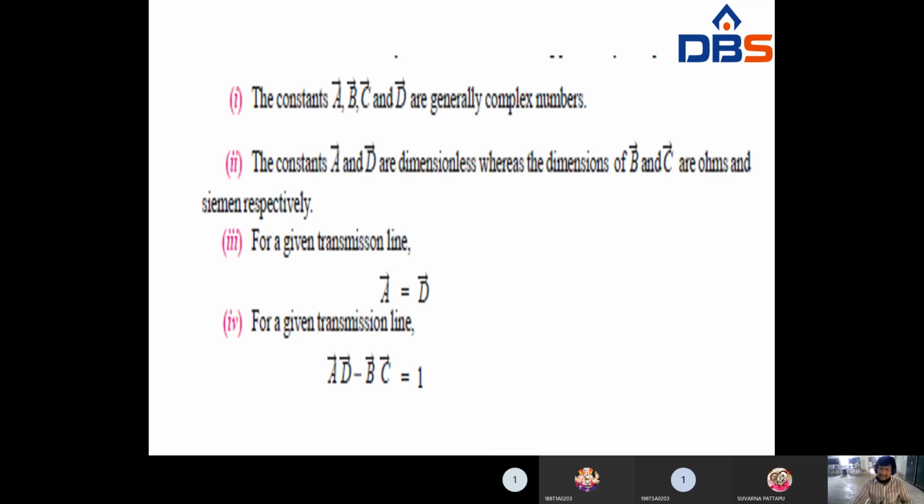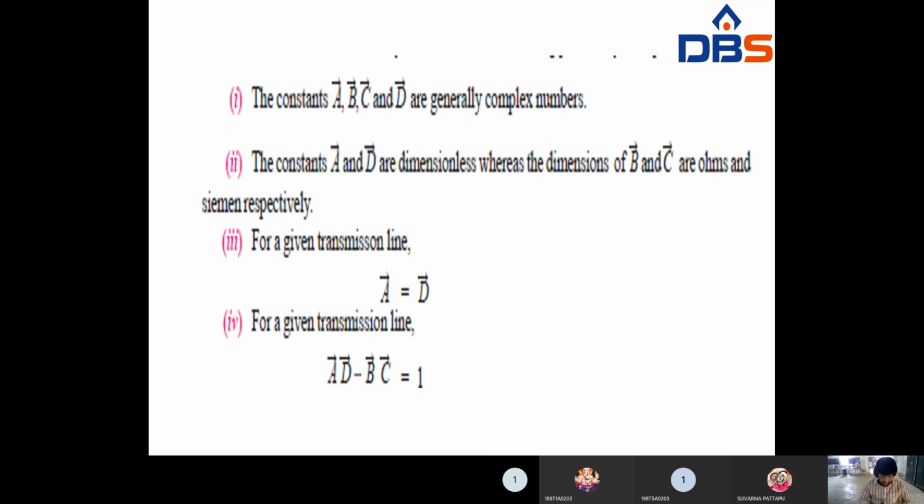For a symmetric transmission line, the condition is A equal to D. This is the most important. And for a reciprocal transmission line, AD minus BC equal to 1, right? This is also most important. So these are the points you have to remember.